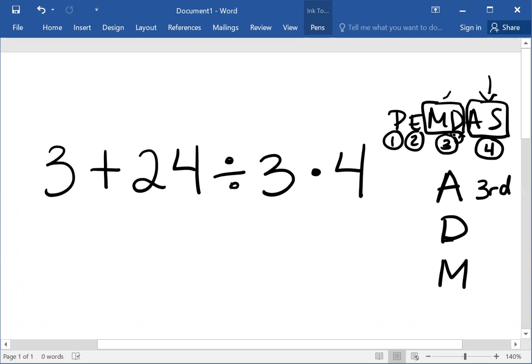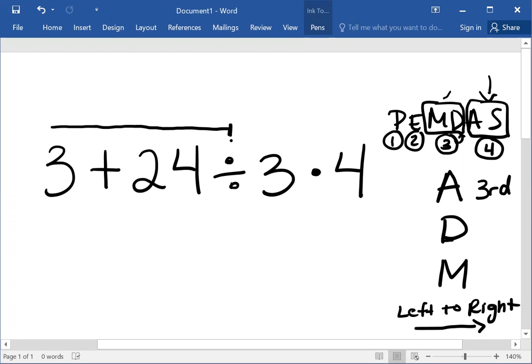So the rule for these groups is that it is in the order that it appears. So you're going to move left to right, and whatever you see pop up first when you move left to right in this direction, that is the thing you prioritize. So when I'm moving in this direction, we already talked about addition, so you can ignore that for a second. We know that's going to have to go last anyway, but right here, I'm going to stop for a second because I already hit one of my symbols, which is division.